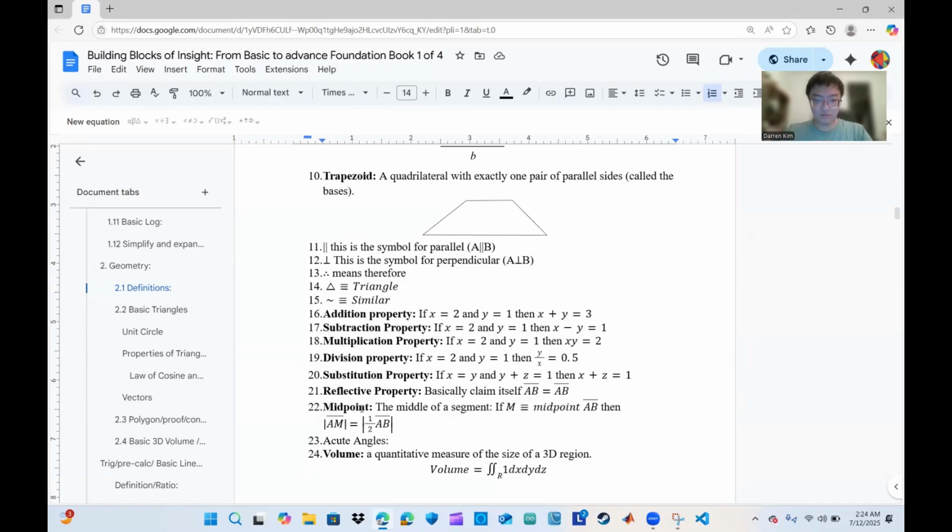So, acute angle: if an angle, because we already explained what an angle is earlier, is less than 90, then it is acute. And then we'll say the same thing with obtuse angle.